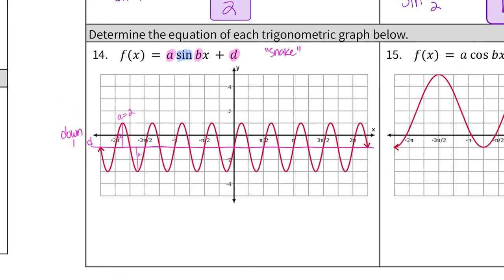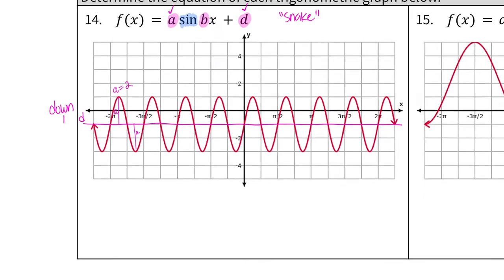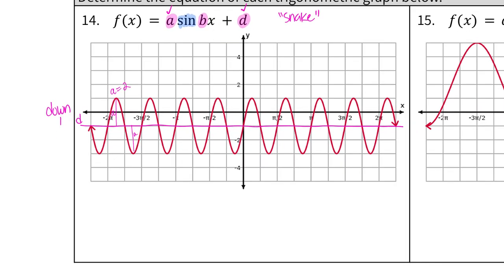So we have A, we have D. The only thing we need to find is B. So the thing to remember about sine is that period is supposed to be 2 pi divided by B. What is the period for this graph? So we know that there was no horizontal shift because we didn't have a C, so I know I need to start at 0.